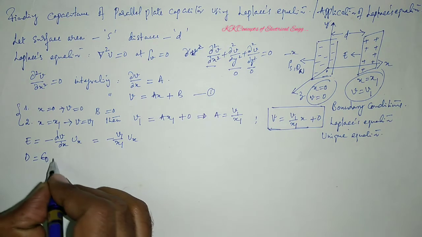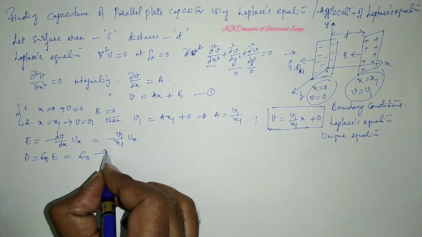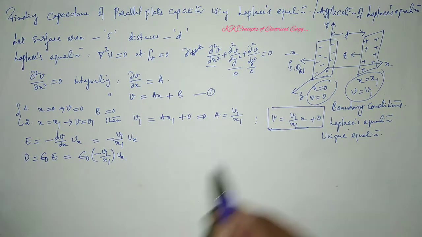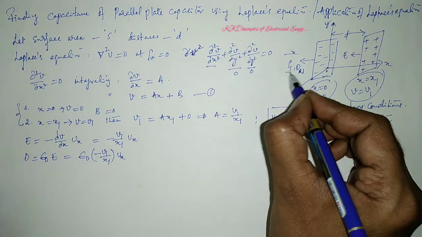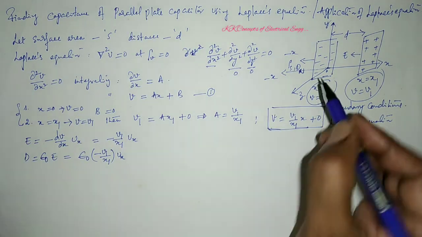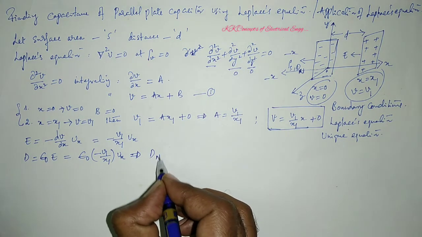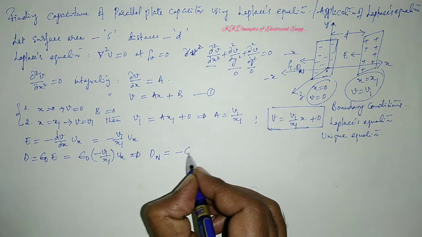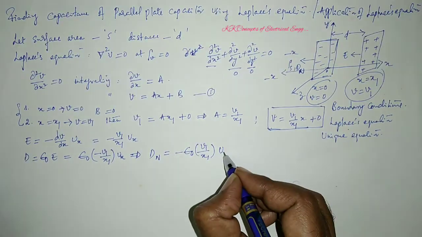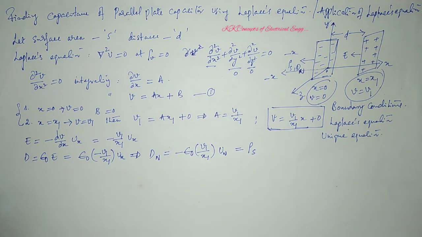D equals to epsilon naught E, that equals to epsilon naught minus V1 by x1 of ax. Now this D is along the negative direction of x, is normal to these plates. This implies D normal equals to minus epsilon naught V1 by x1 an, which is nothing but surface charge density rho s.